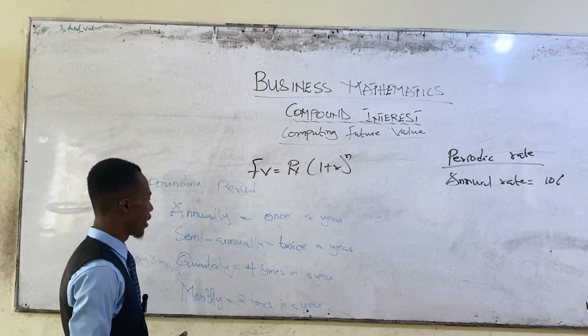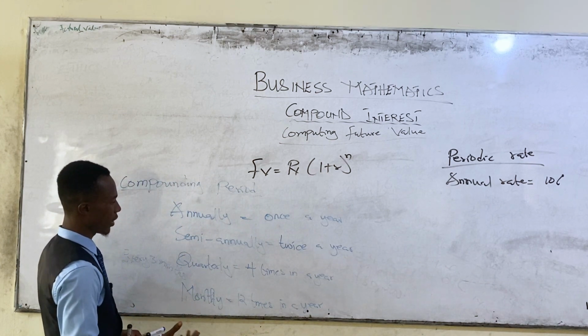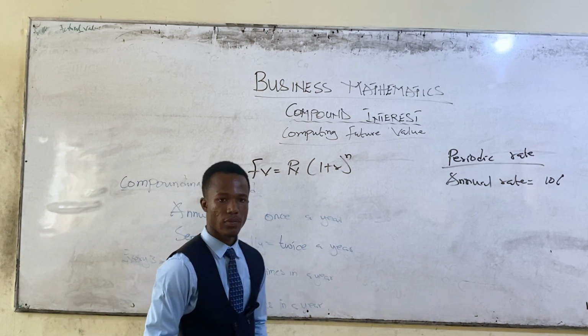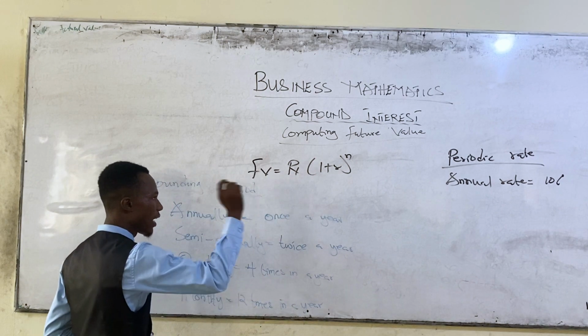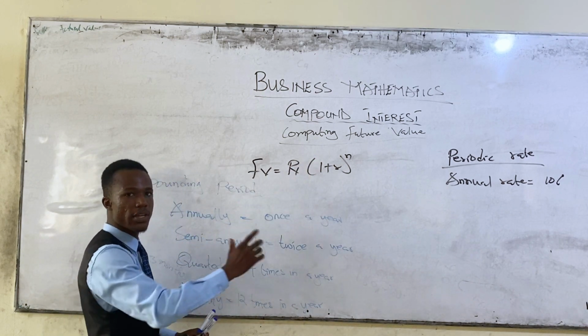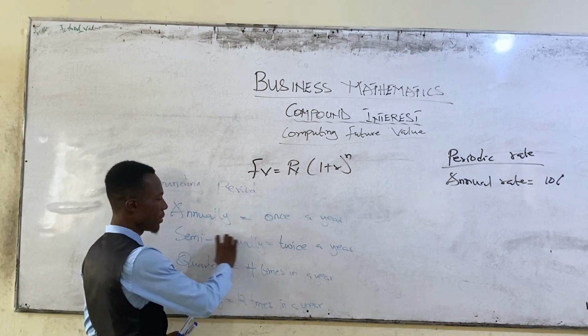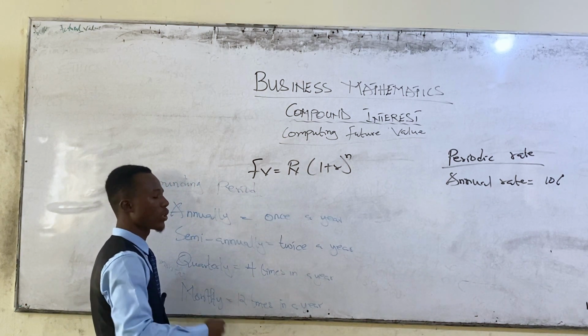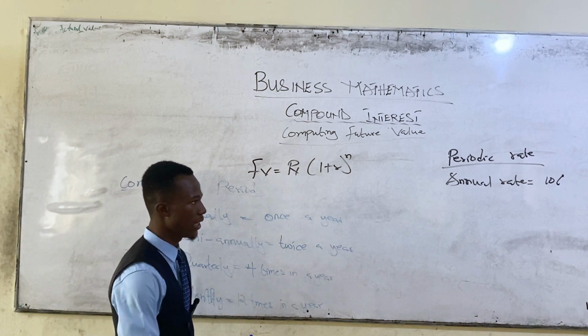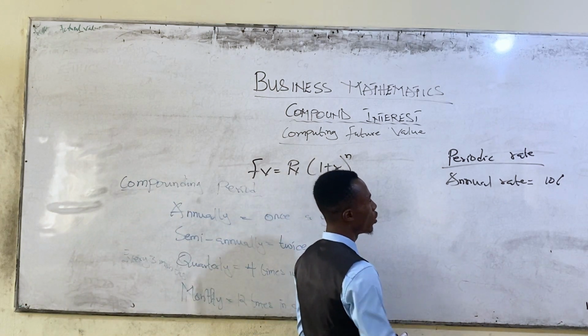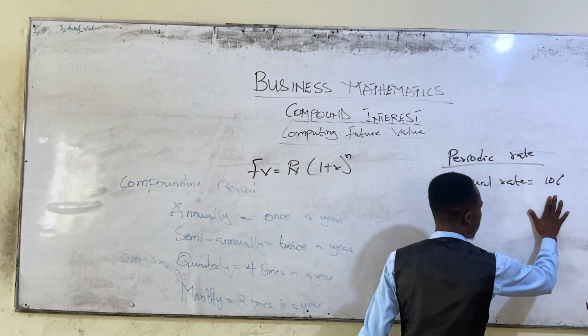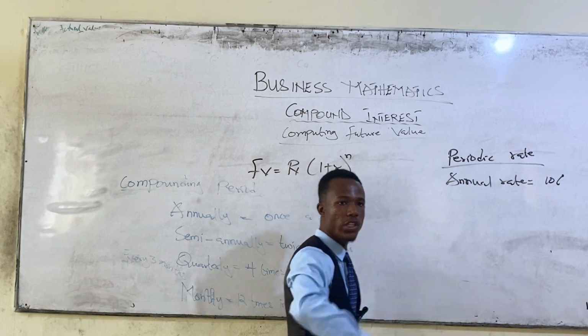Now, if they tell you the loan is compounded semi-annually, just look at it. They have given you an annual rate, which means the rate is for the whole year. But the loan is compounded semi-annually, so you are supposed to calculate the loan twice in a year. You are not supposed to use this 10%, because it is for the whole year.